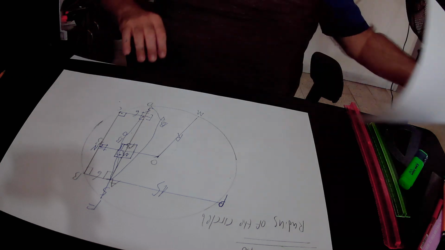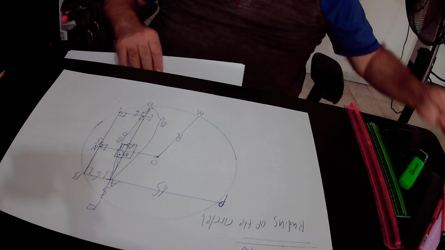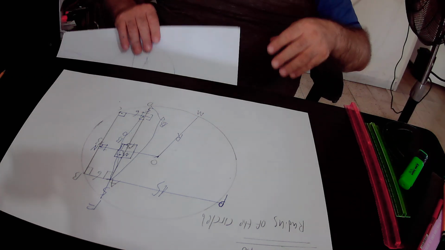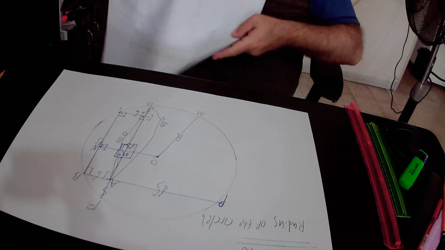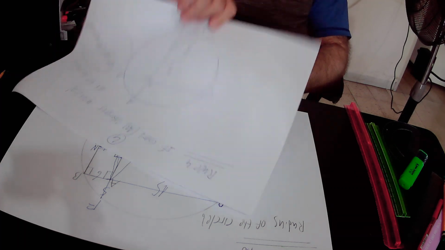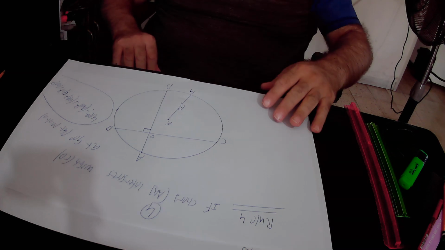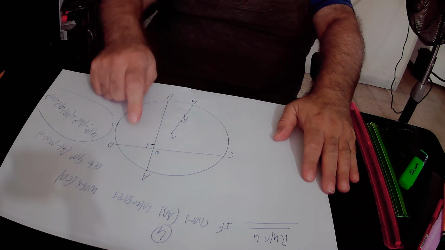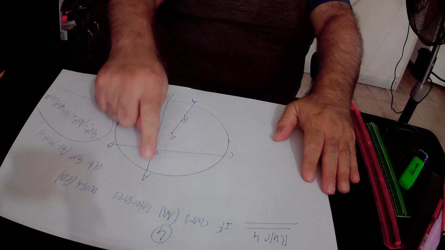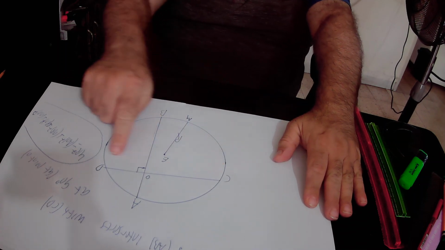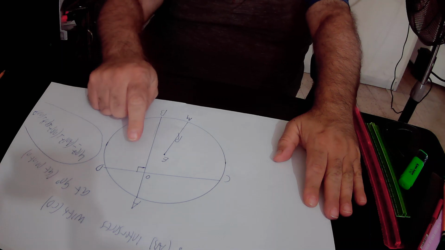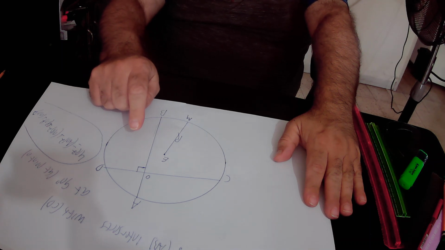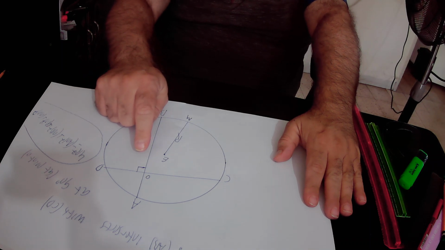Then I presented to you rule number 4. According to rule number 4, if we have this circle, inside this circle we have chord AB that intersects with chord CD, and the intersection point creates 90 degrees between them.